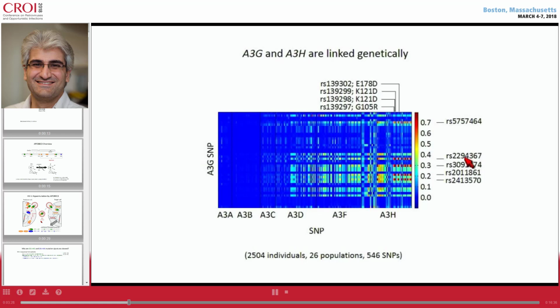Blue means no linkage disequilibrium, red means high linkage disequilibrium, and you clearly see that only APOBEC3H is highly linked to APOBEC3G genetically. Importantly, some of these SNPs that we have identified for APOBEC3H have previously been shown to be important in terms of their role in protein stability, antiviral activity, and localization.